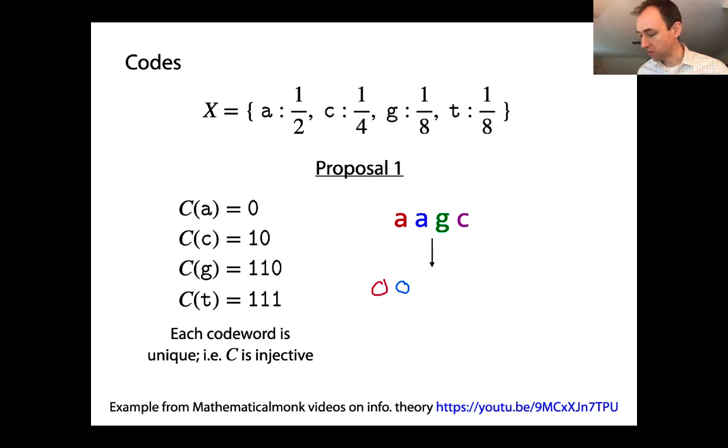I'll match the colors. My code for G is 110, so now let me put 110. And my code for C is 10, so I'll put 10. Great. There's my code. And so obviously it's a simple process to encode my string.